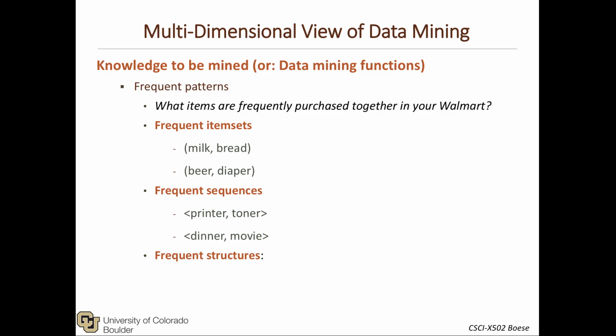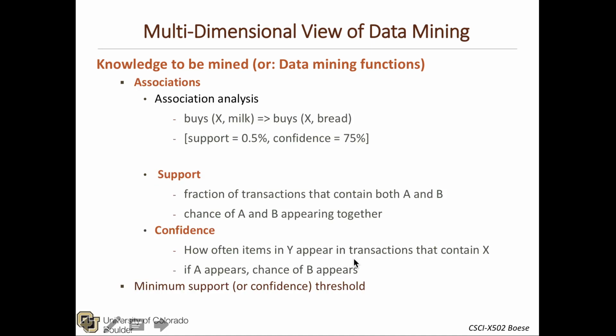And then frequent structures, so huge graphs, and we can identify substructures that occur frequently. You might have something like a star structure where I'm talking to everyone as the leader versus the peers. So that's another example. So these are all examples of frequent patterns.